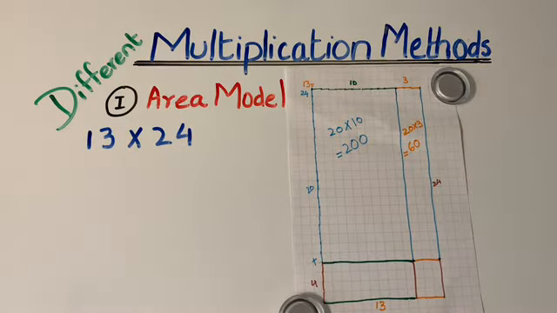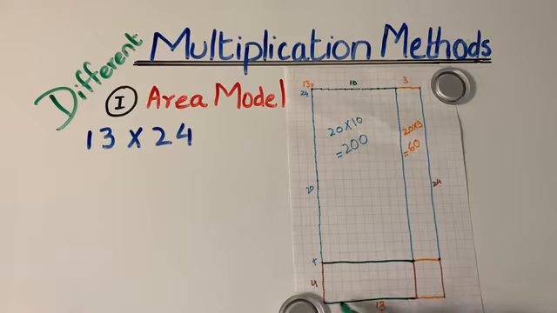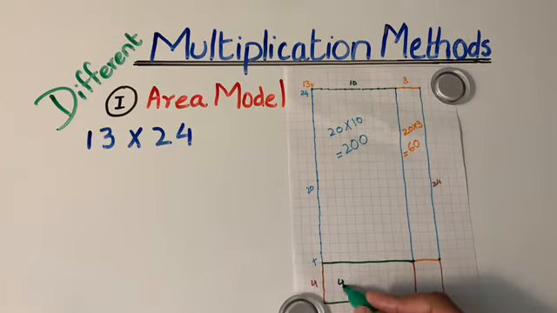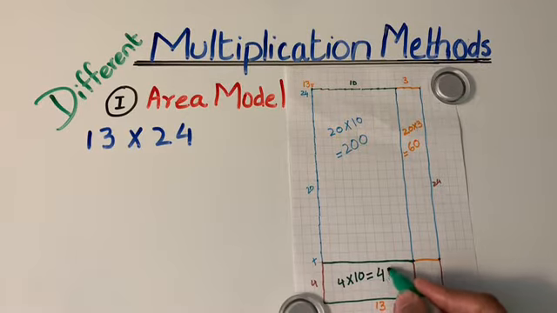Now the area of this third section will be, here we have 4 and 13. So sorry, no, it's not 13, it's in fact 10. So the green part shows 10, right? So 4 times 10 gives us 40.